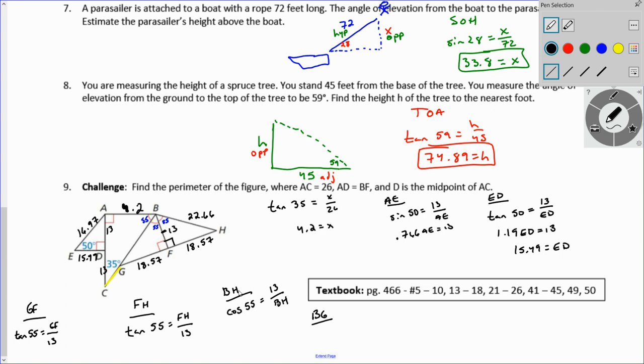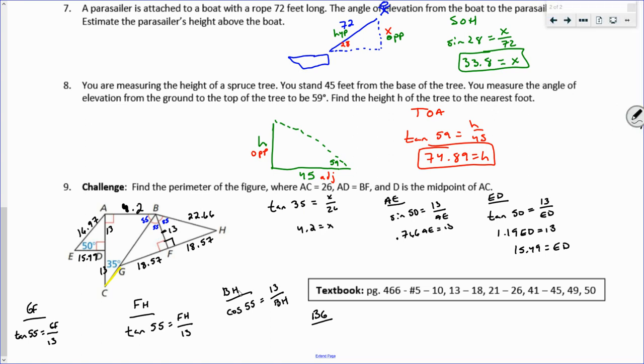So I'm going to do adjacent 13, so cosine of 55 equals adjacent over hypotenuse. So cosine of 55 multiply BG over 13 divided by decimal, 22.66.